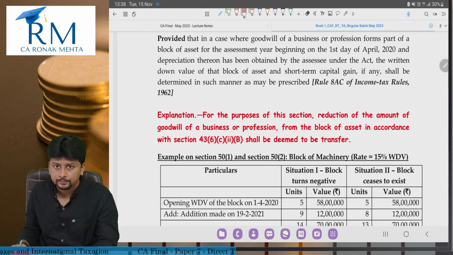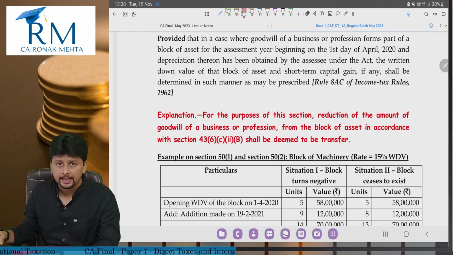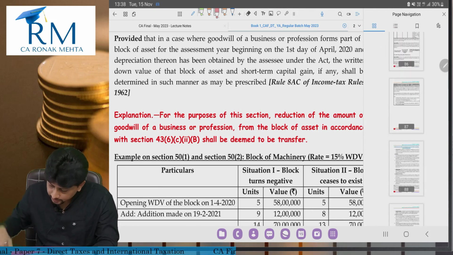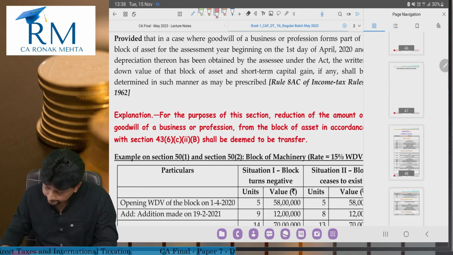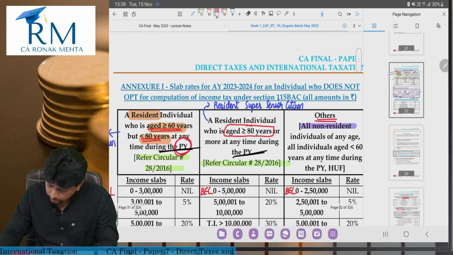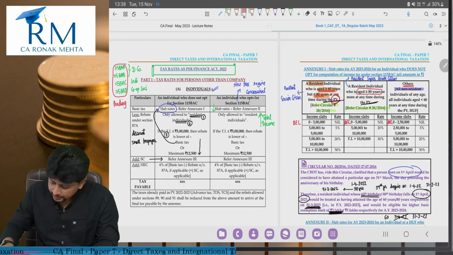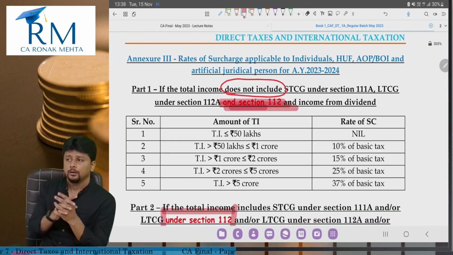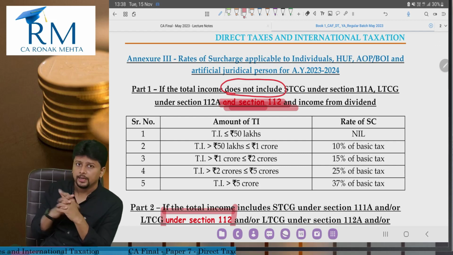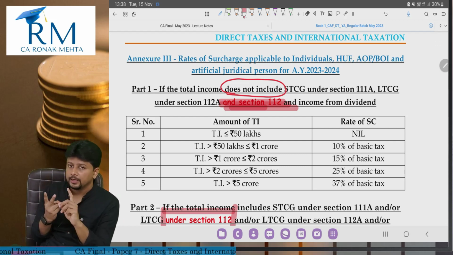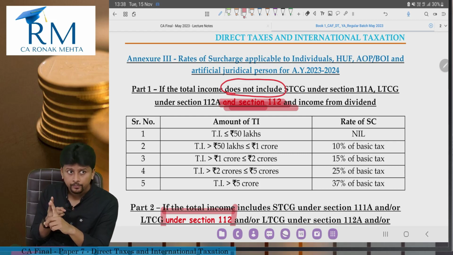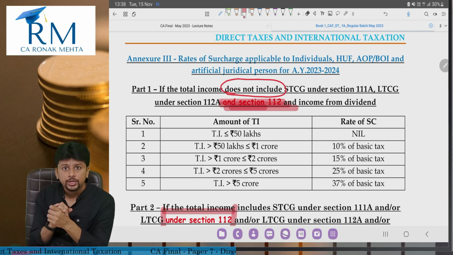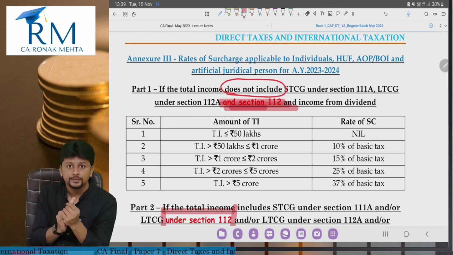See this. That indicates that this is an amendment. So what's the amendment here that I am discussing with you? Here I am talking about surcharge. Now if you have short-term capital gain under 111A, long-term capital gain under 112A, 111A and 112A are talking about listed equity shares, mutual fund units.